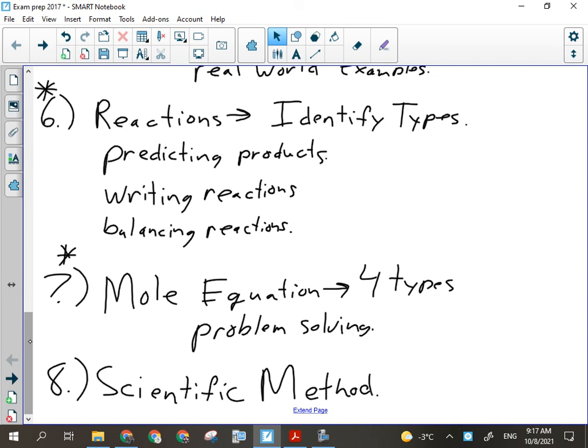You get 1 mark for the reaction type, 1 mark for the reactants, 1 mark for the products, 1 mark for it being balanced correctly.